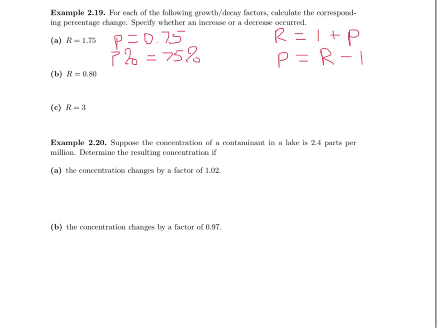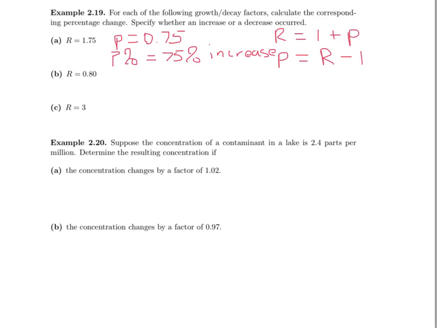It's positive, and because this is positive, it means that this is a percentage increase. So this variable, when it grew by a factor of 1.75, really what it did was it grew by 75%.